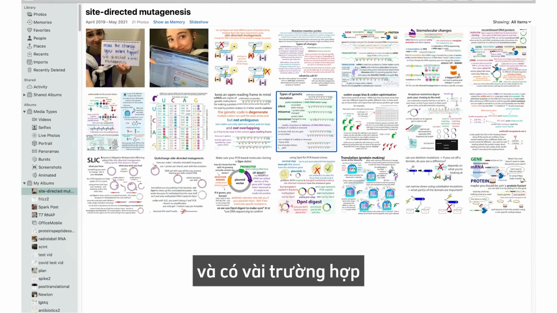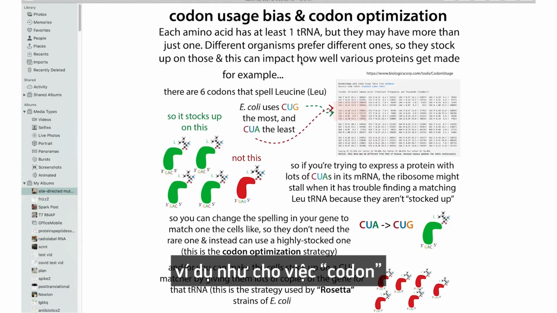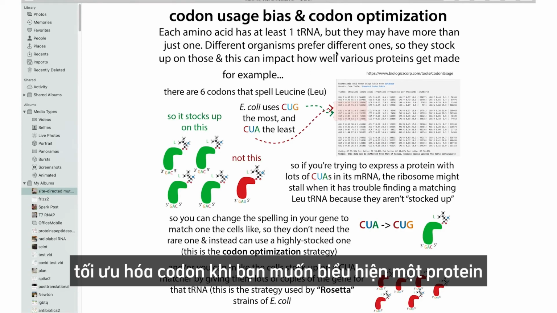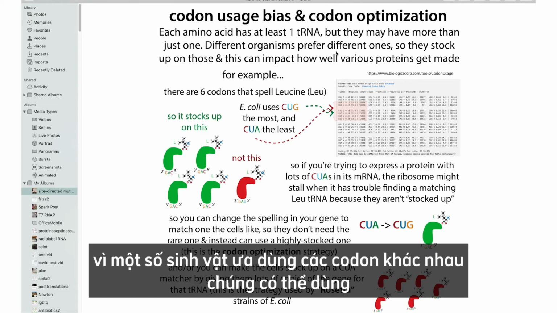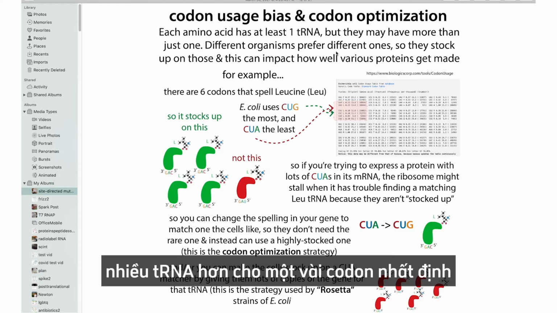And there are a couple of versions when you might want to use a silent mutation. For example, for codon optimization, when you're trying to express something. Some organisms prefer a different codon, so they can use any of them, but they keep more of the tRNAs that correspond to a certain one of them.